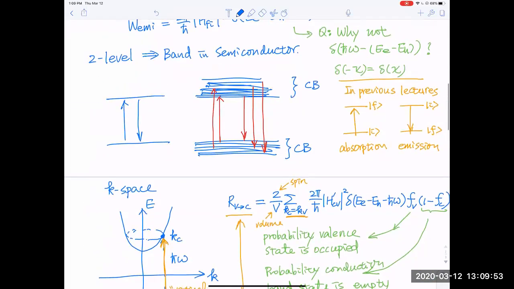So this is our two-level discussion when we derived the Fermi golden rule.